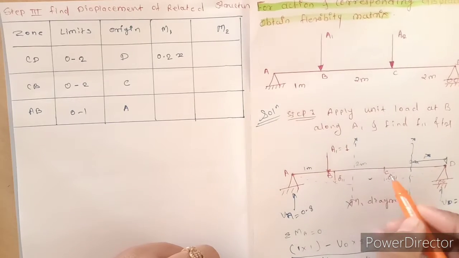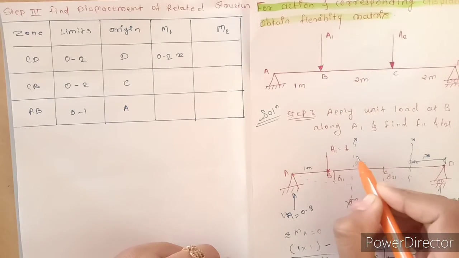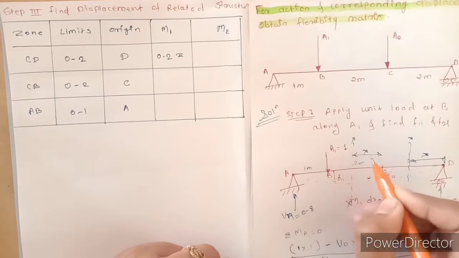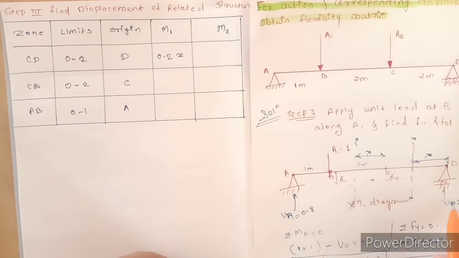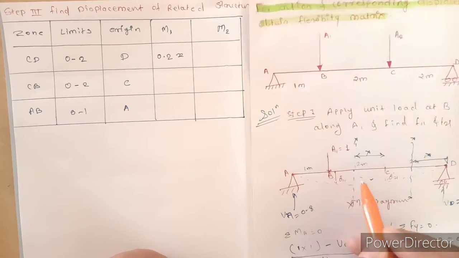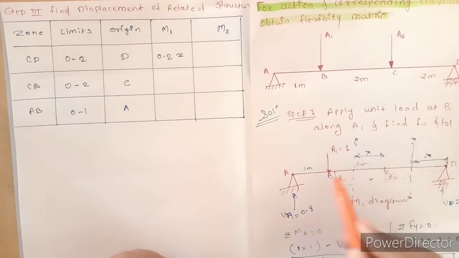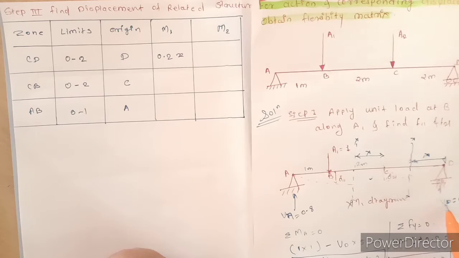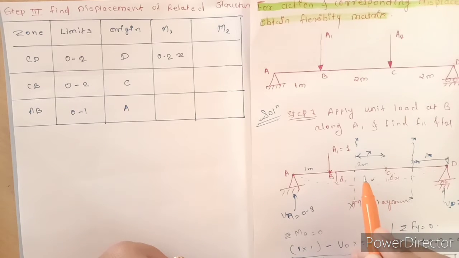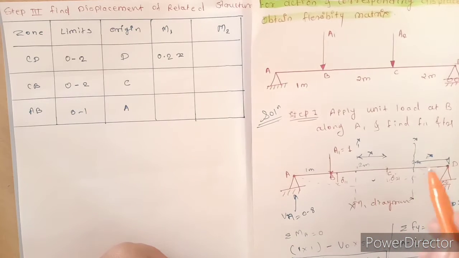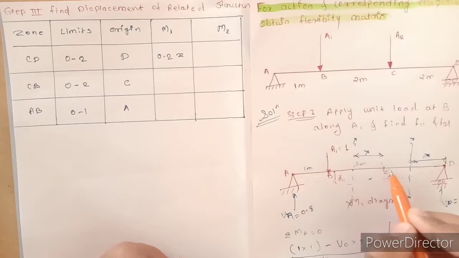So our origin is C. So from C point to x axis distance is x meter. Then next, take movement at x axis over this CB zone. So here VD, this VD is 0.2. So 0.2 into total distance is this x meter plus.